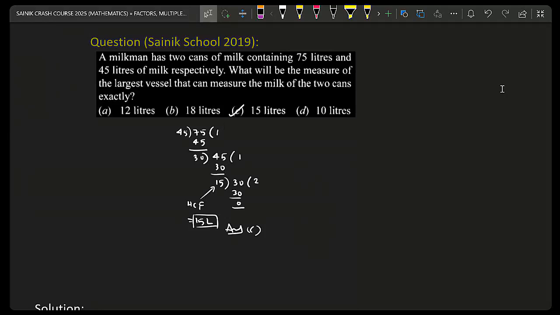See, there is a milkman who has two different cans, 75 liters capacity and 45 liters capacity. We want to find the measure of the largest vessel that can measure these two exactly. Suppose we want to measure 75 liters exactly. Can you take a 25 liters vessel? Yes, sir.